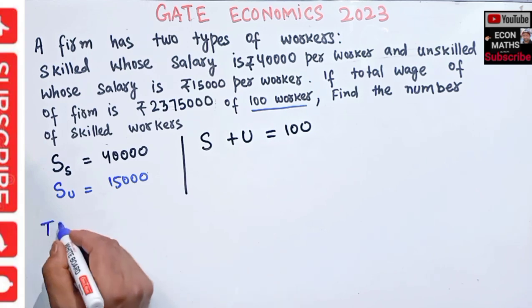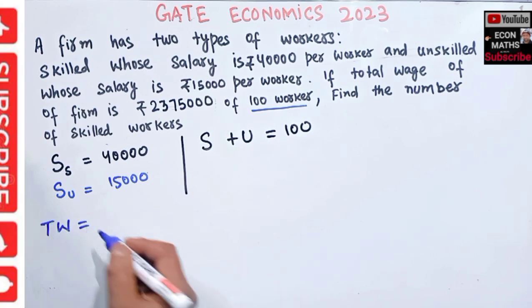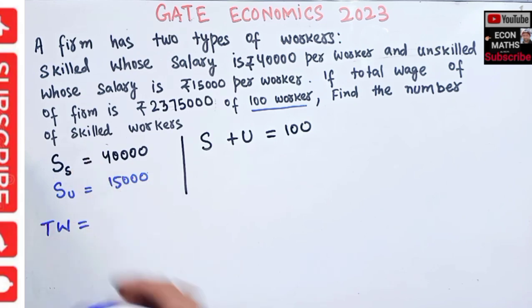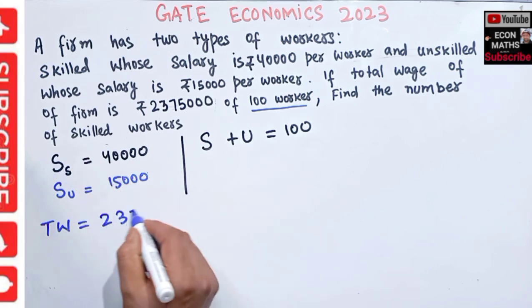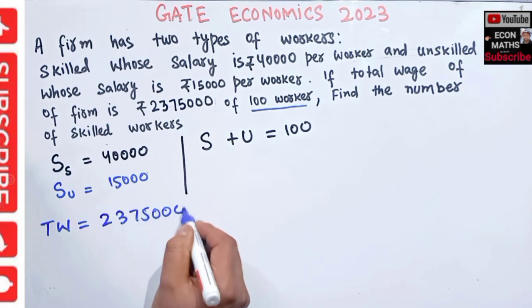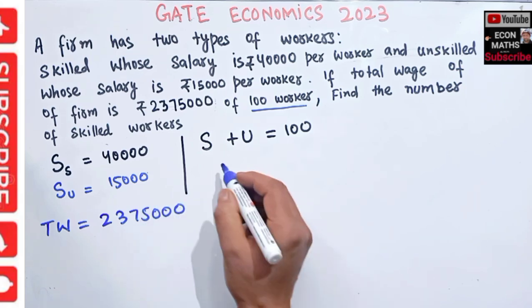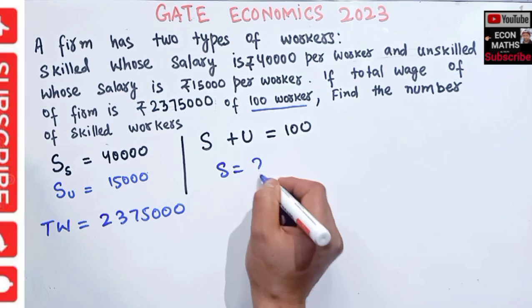Total wage bill is being given to us. Let's denote it by TW, the total wage, 23,75,000. We need to find out the number of skilled workers.